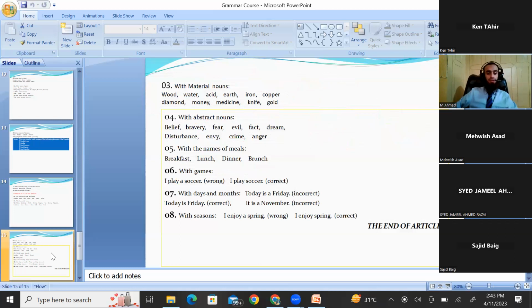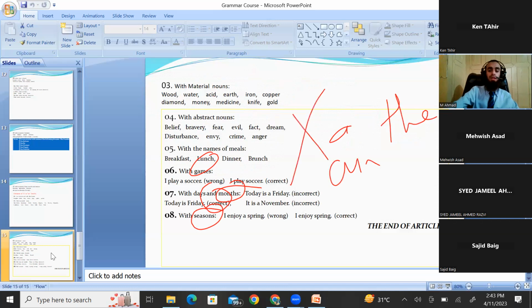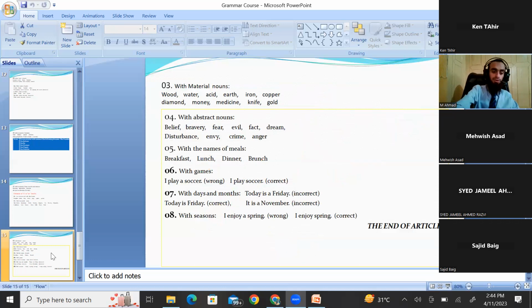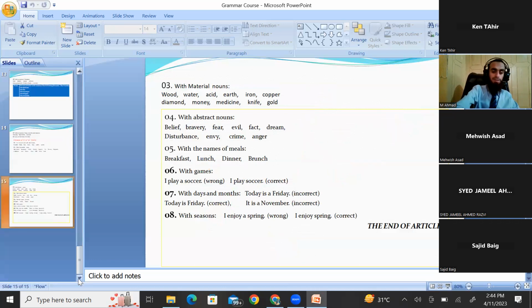With the names of games, days, months, and seasons, the and a articles should be 100% avoided. So with these names, we are supposed to avoid 100% a and the, right?